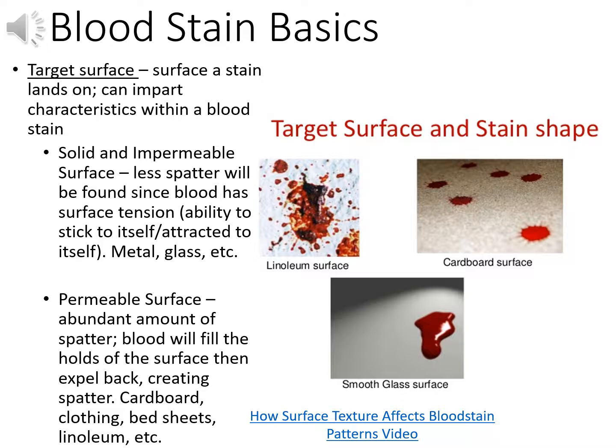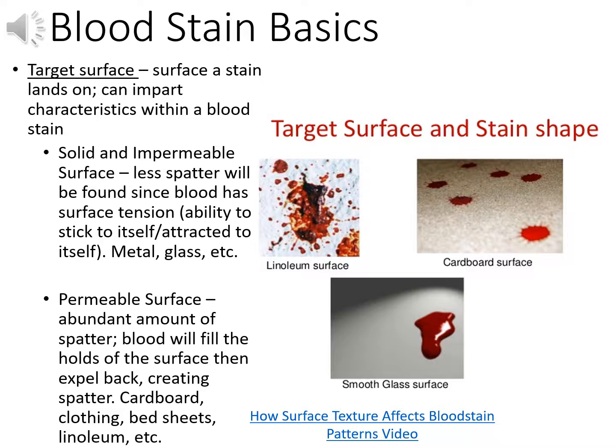If we could contrast that with a permeable surface, now you're going to have a much greater amount of spatter because the blood will fill in the holes of that porous surface, then expel back to create the spatter. We've got some examples: cardboard, clothing, bed sheets, linoleum. So we see up in the top images the linoleum surface on the left and the cardboard surface on the right.